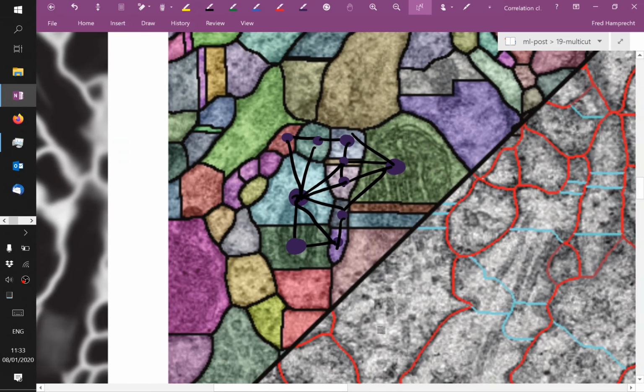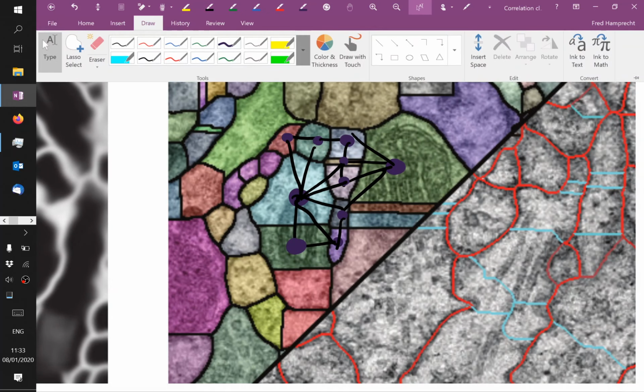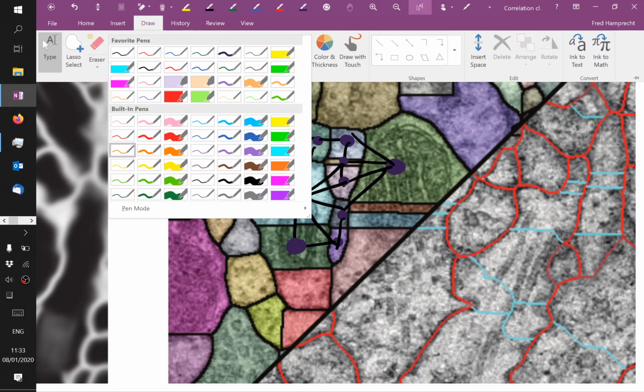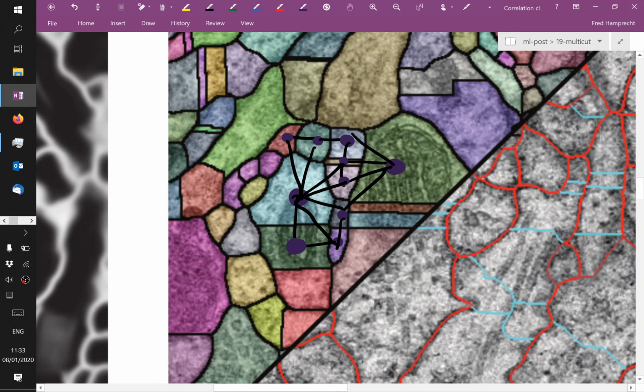So for example, just looking at the shape of these things, I'm going to guess that this here should be an attractive interaction because the boundary somehow is too straight, and also we can look a little bit at the raw image underneath and see that there's no real boundary evidence, so this is probably an attractive edge.